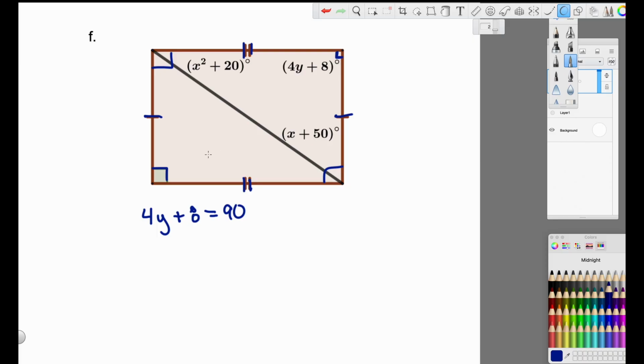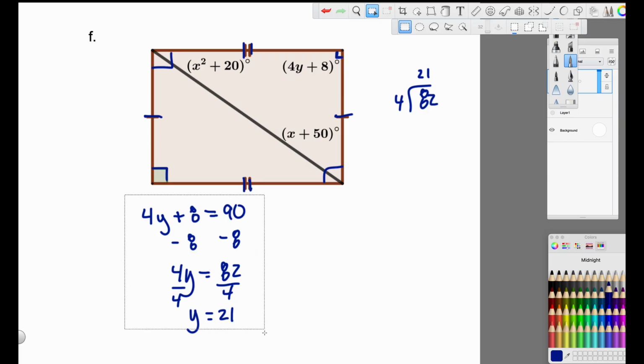This is the easy one to get, right? We know that has to be 90. So let's write that equation. Subtract 8. 4y equals 82. Divide by 4. 21. So y equals 21.